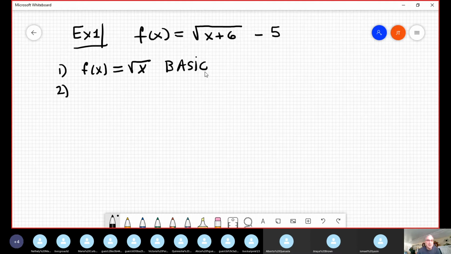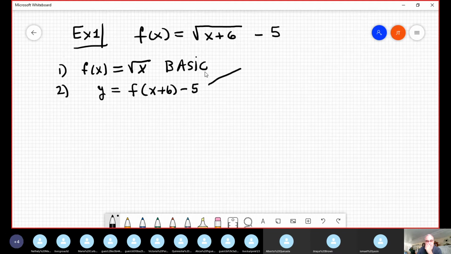So basically, in my mind, the transformation I am doing is, look, you put a y, because it's a different name. y is equal to f of x plus 6, minus 5. So you're adding 6 inside the parentheses and subtracting 5 outside the parentheses.